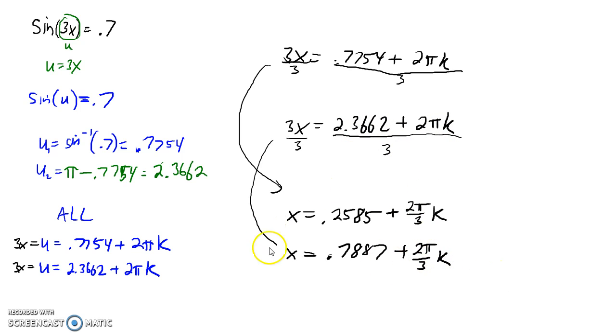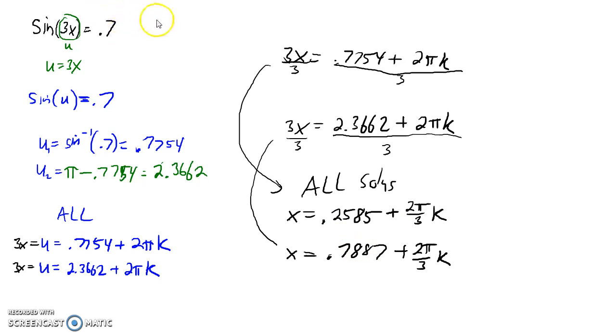Okay, and once again, this describes all solutions. If I wanted some specific number of solutions, say 3 or 4 solutions, I could just start out with these two as my first two solutions, and then I add 2 pi over 3 to each of them, then 2 pi over 3 times 2 to each of them, 2 pi over 3 times 3 to each of them.